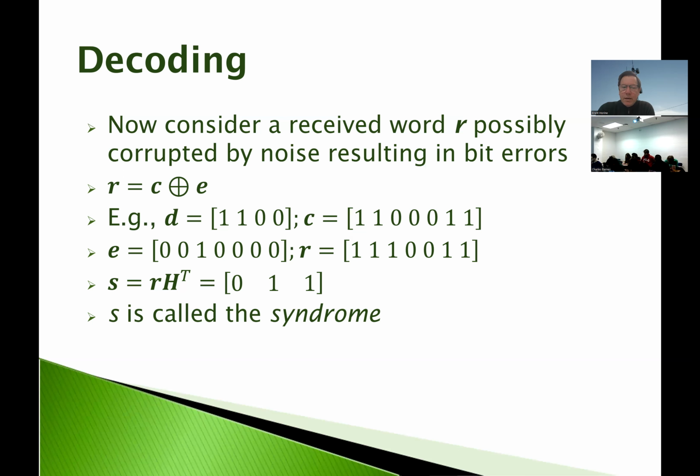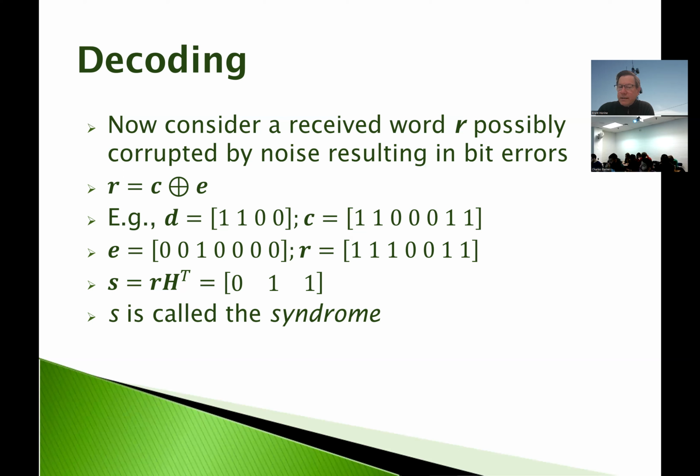So if we assume that we have some errors, we're going to describe those using an error vector, where anytime there's a 1 in a bit position of E, it's going to indicate that that bit was flipped. Okay, so that was an error. If it's a 0, there was no error.